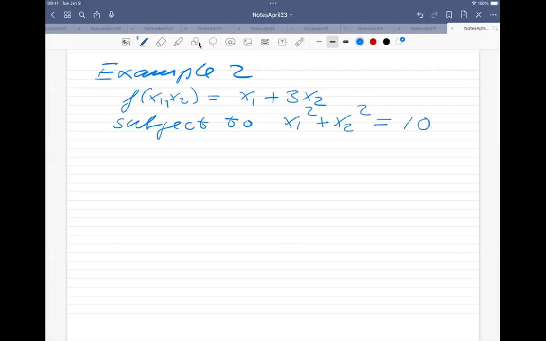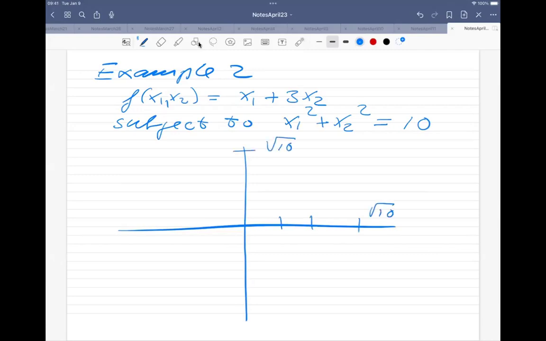So what it means then, if we now make a plot here, so this is square root of 10. The x1 squared plus x2 squared is then going to define a circle. And then we have 1, minus 2, minus 1, 1, 2 here, minus 1, minus 2.